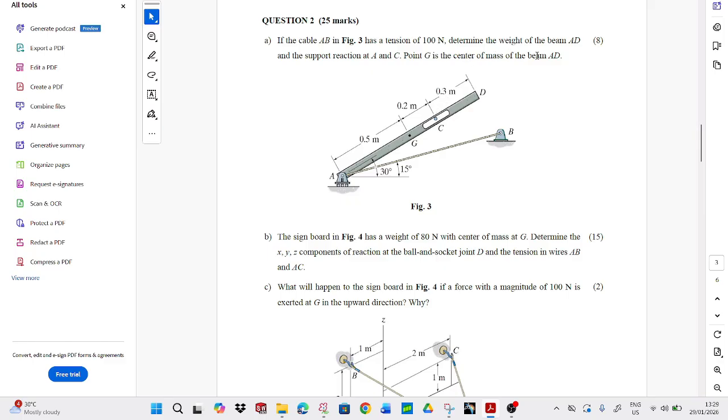Point G, the center of mass of the beam AD itself.